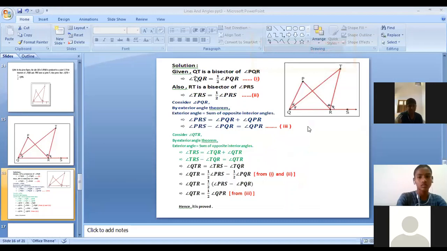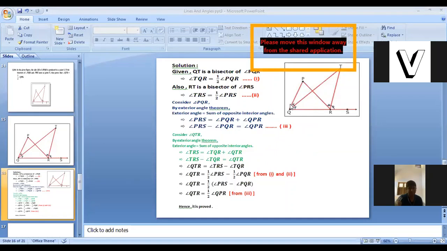Okay. Given that QT is the bisector of angle PQR. Yes or no? Yes, ma'am. And therefore, angle TQR is half of angle PQR. Yes or no? This angle is half of PQR.